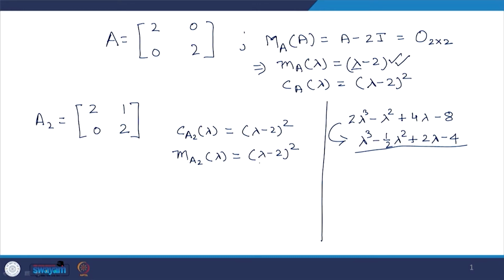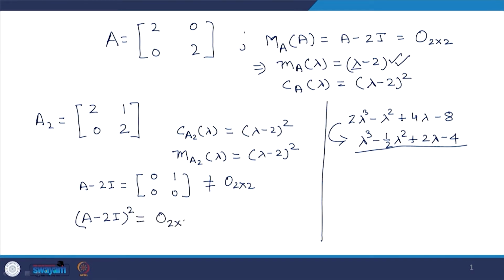Here if you simply take A minus 2I, it becomes 0 1 0 0, which is not a null matrix of size 2 by 2. However, if you take A minus 2I whole square, it becomes the 0 matrix of size 2 by 2.